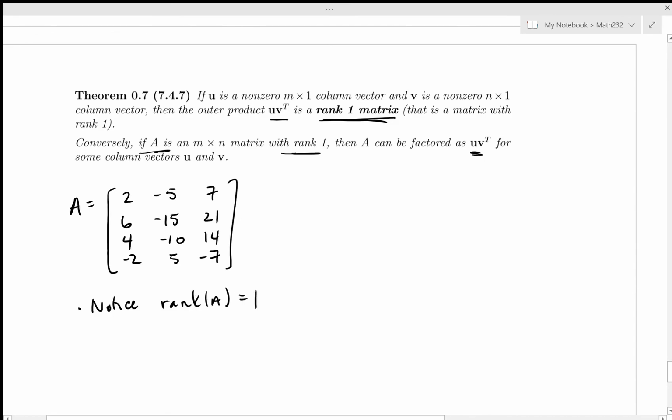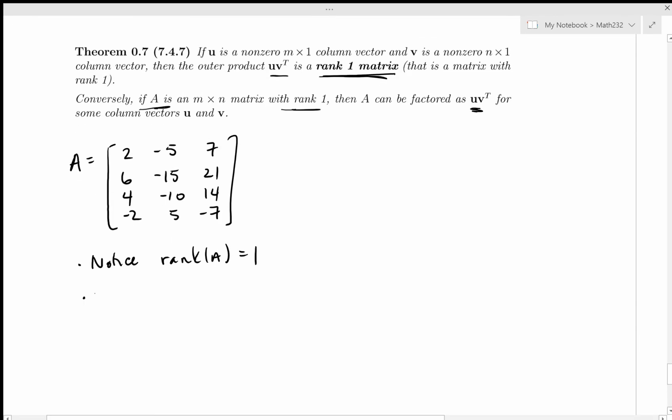If you don't just notice that, you can row reduce, and you'll get 3 zero rows, and you'll see it's a rank 1 matrix. Then what I can do is take V transpose to be any non-zero row.